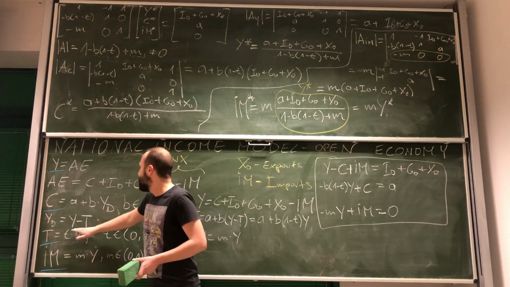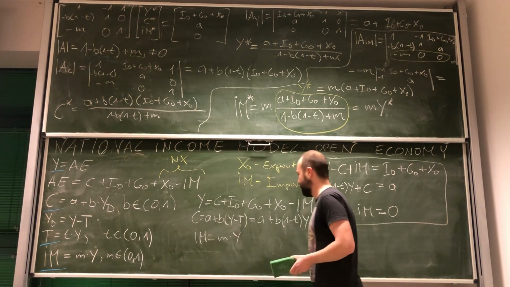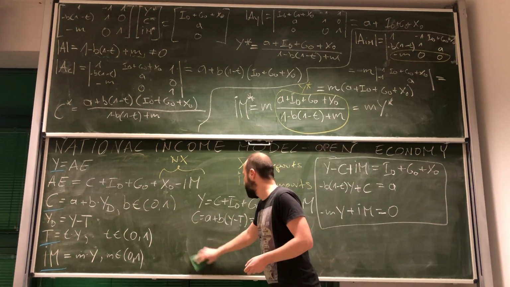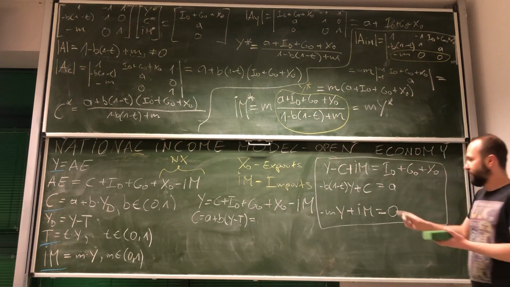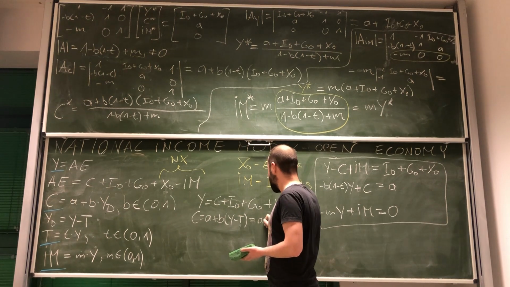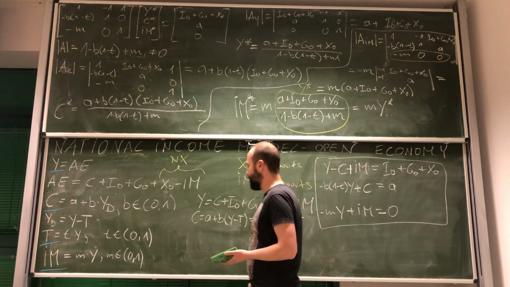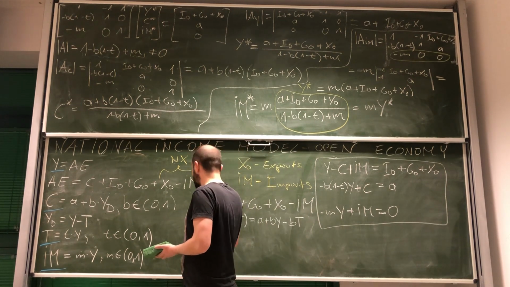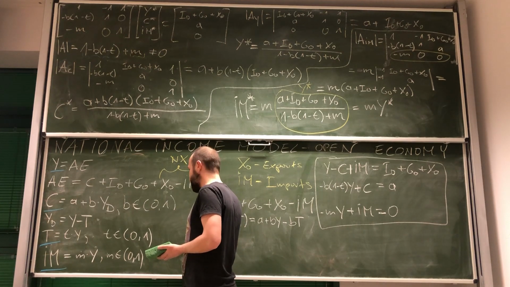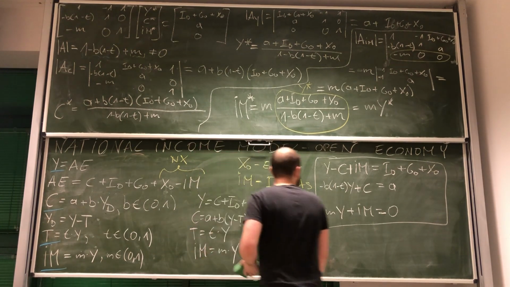So, I'm going to be substituting disposable income in the consumption equation, like here, but I'm not going to go with it any further. So, over here, I will get that this is simply a plus b y minus b t. Here we will have t equals t times y, and I m equals m times y.